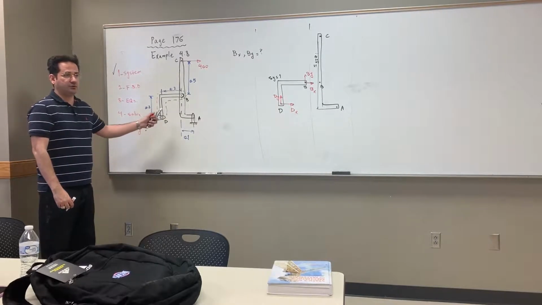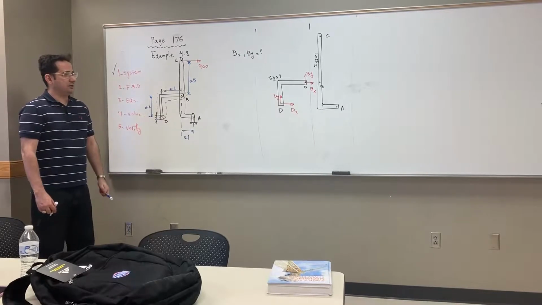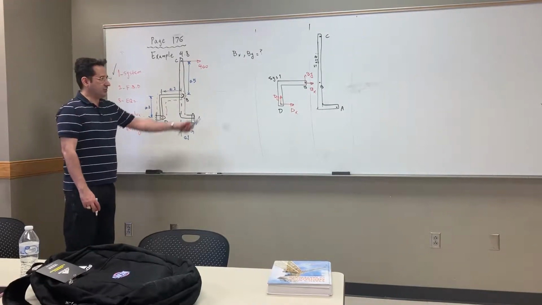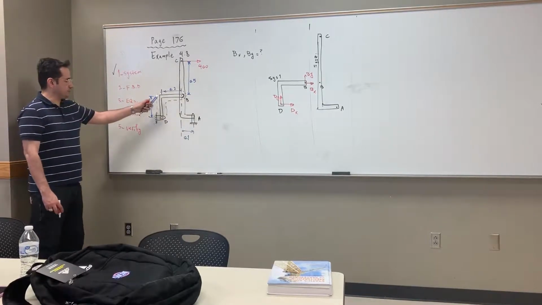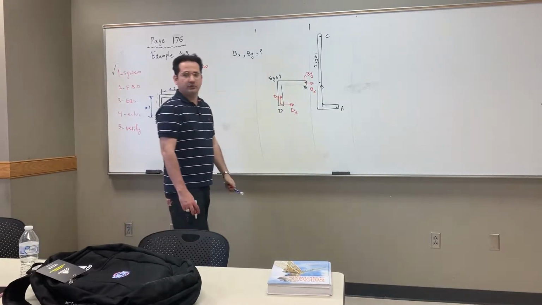How about the body force? Well, assuming that the mass of all those 2 connectors is 0, almost massless, so there is no body force, no significant gravity. So I'm done with system 1. Now let's go to system 2.